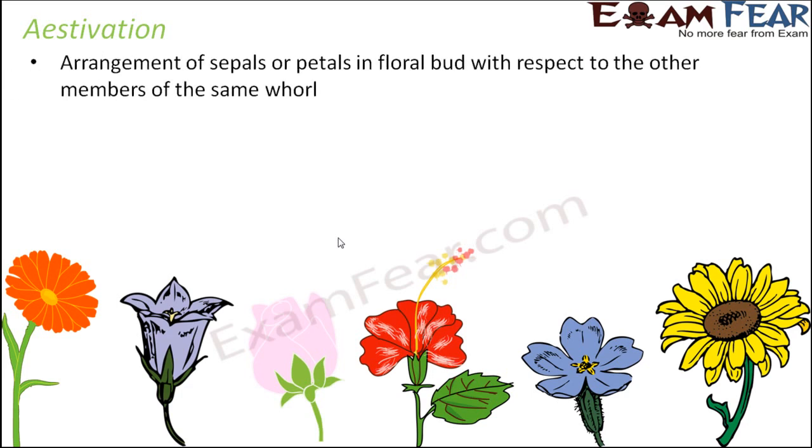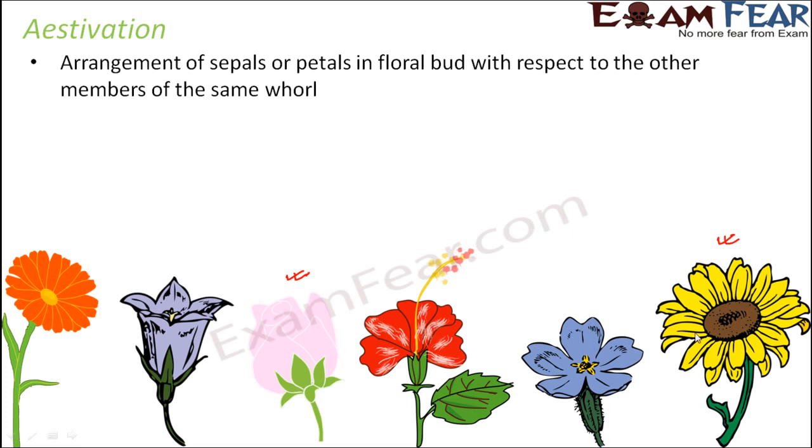So aestivation is basically the arrangement of sepals or petals in a floral bud with respect to the other members of the same whorl. Now here on the screen you see so many different types of flowers, right? The arrangement of their petals and sepals all vary. For example, the way the petals are arranged in a rose is quite different from the way they are arranged in a sunflower.